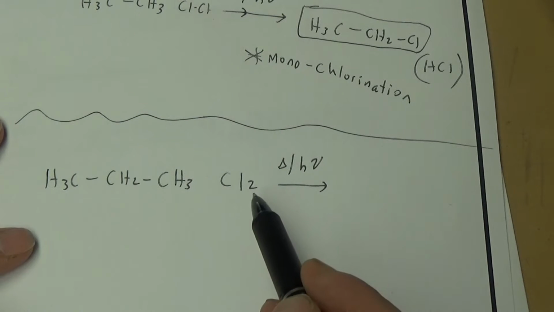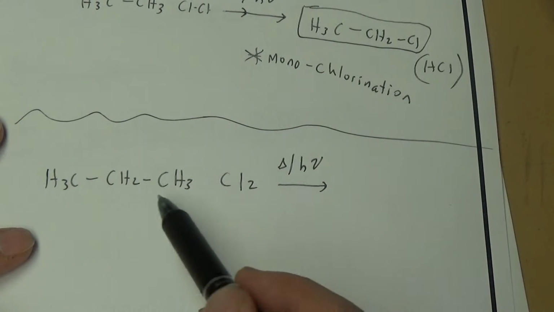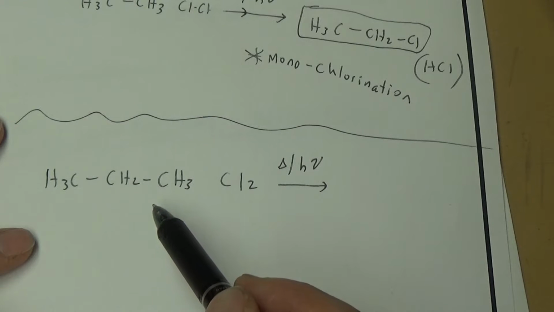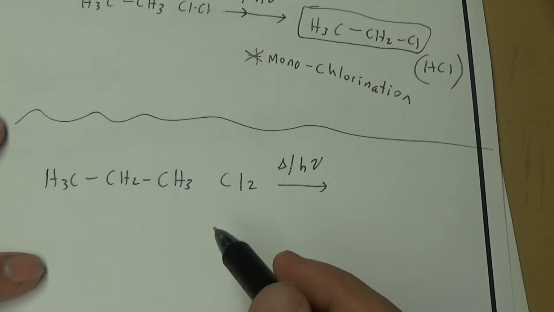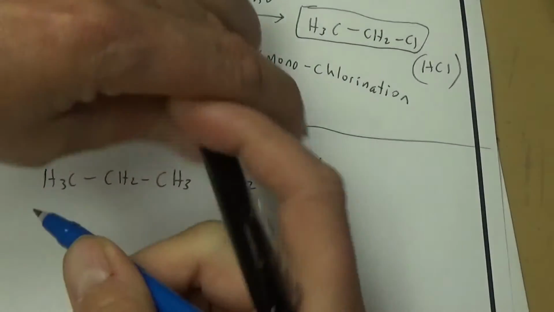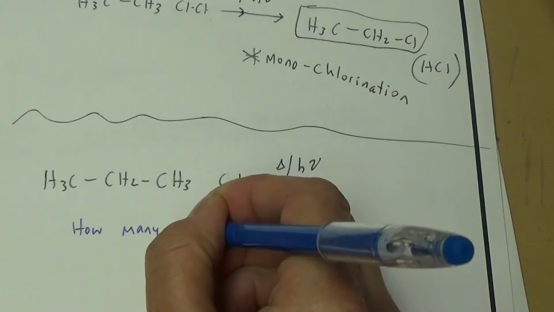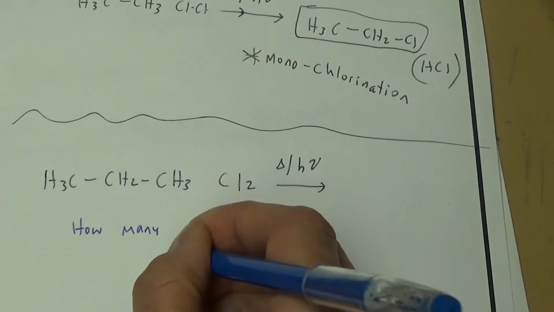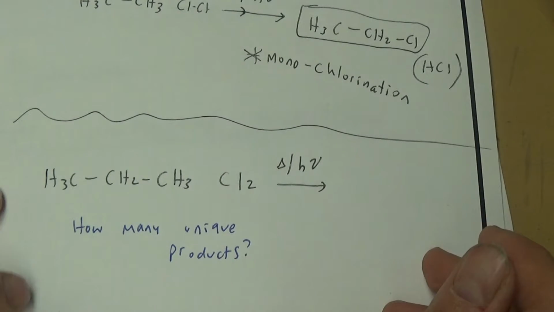Unique products, right? So you might ask yourself, how many carbons are there? Well, there's 3 carbons, so you might say 3 products. But that's wrong, because I said unique. So how many unique products are there?